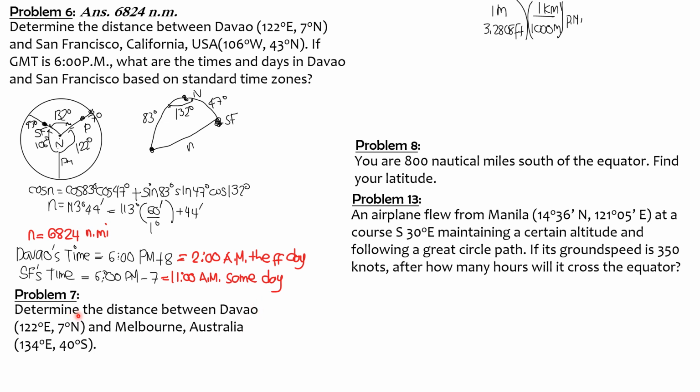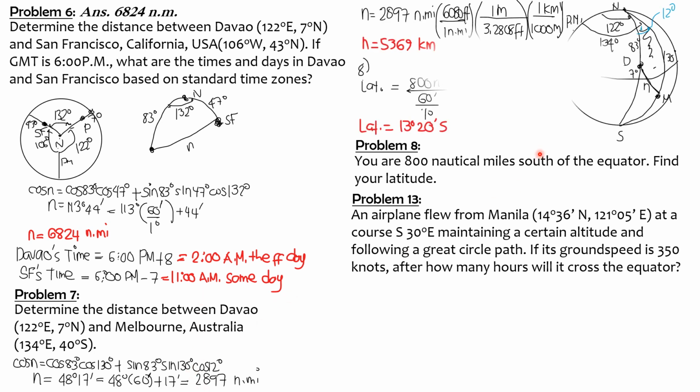Problem 7. Determine the distance between Davao and Melbourne, Australia, with longitude 134 degrees east and latitude 40 degrees south. So this time let's have this problem about distance. Let's draw the figure first.